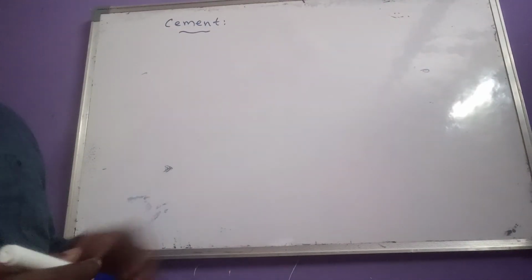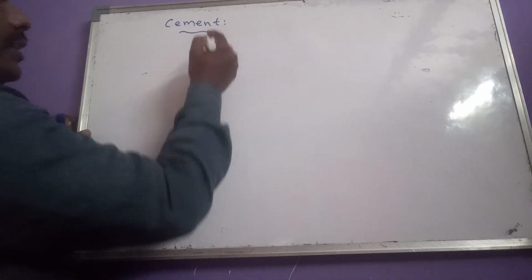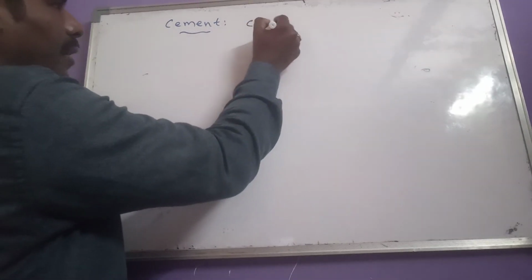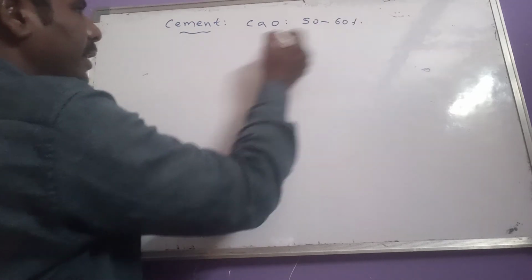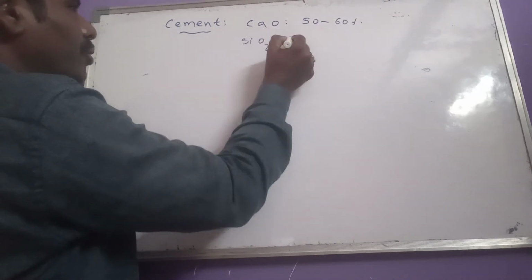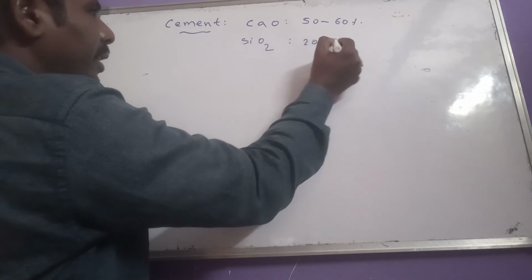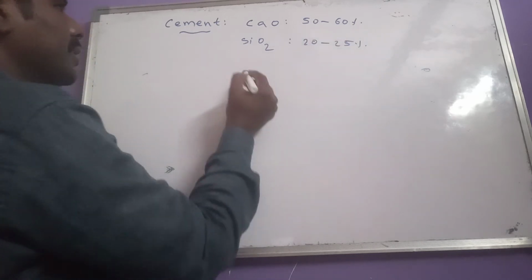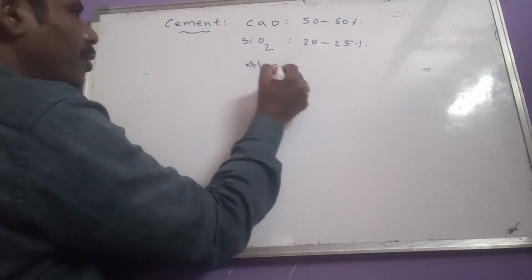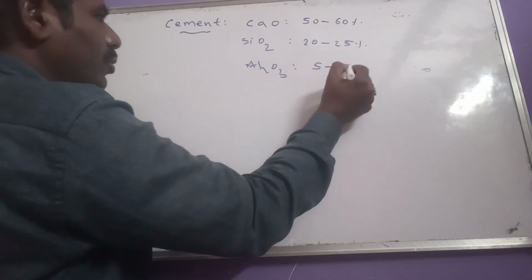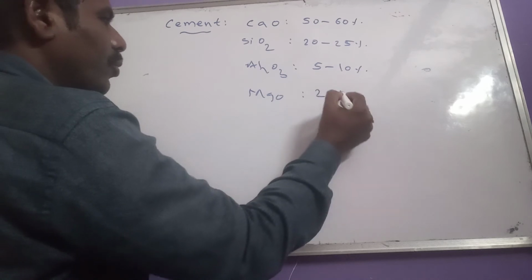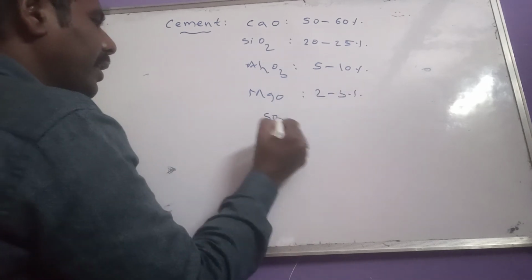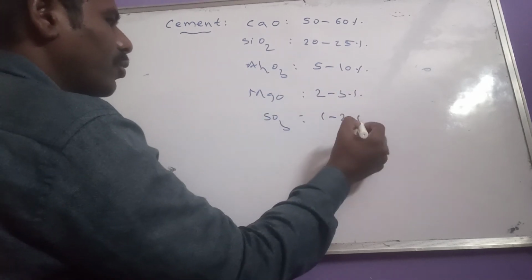And what is the composition of cement? Let us see here. The major component is CaO, 50 to 60%, SiO2 is 20 to 25%, Al2O3 is 5 to 10%, MgO is 2 to 3% and SO3 is 1 to 2%.